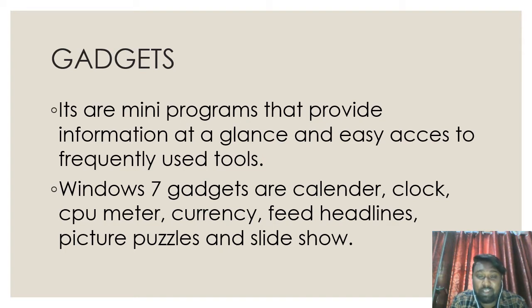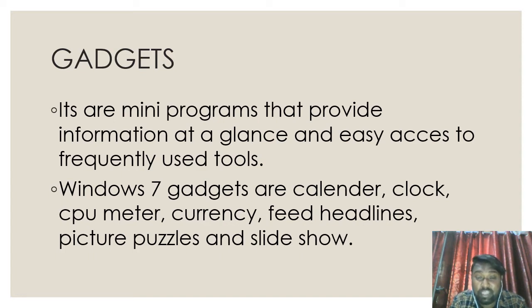For example, if we want to search or go to a particular program or any kind of application software, we have to go inside the computer, search where it is saved and then take it. That is one method.